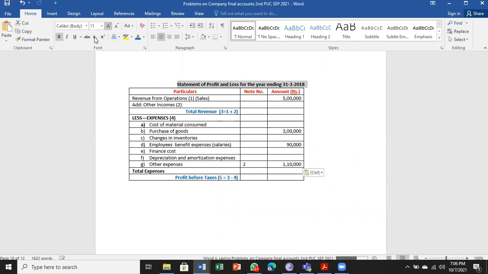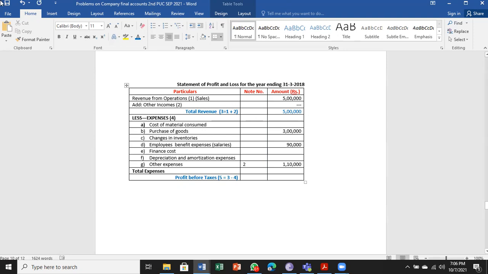Remember, under income statement, I'm taking, then we can go for totaling the income statement. Before going for finalizing the balance sheet, we have to go for income statement. So 5 lakhs, no other income.